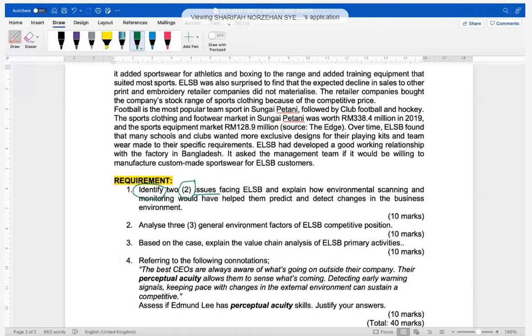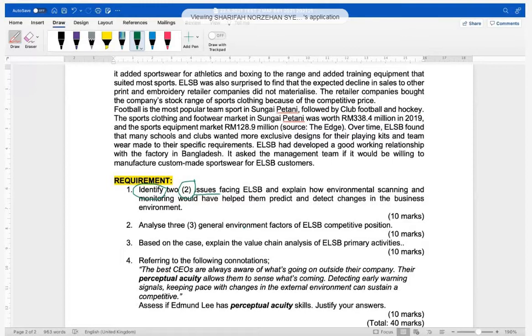If you are working and your supervisor or your boss asks you to find 2 issues, and then you give them too much, remember, when your boss asks, it's okay for you to find more.